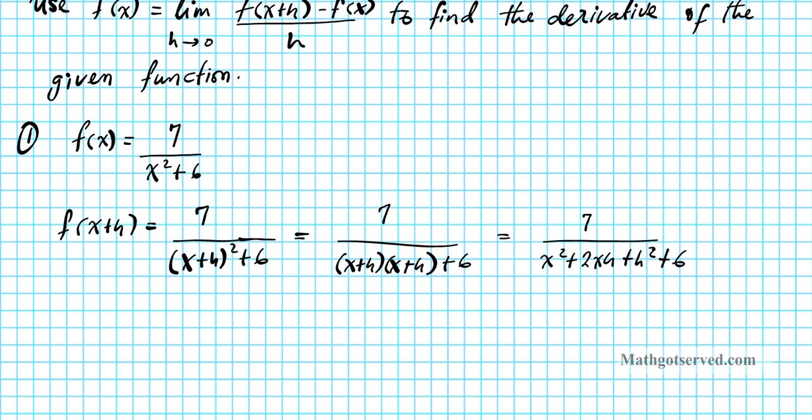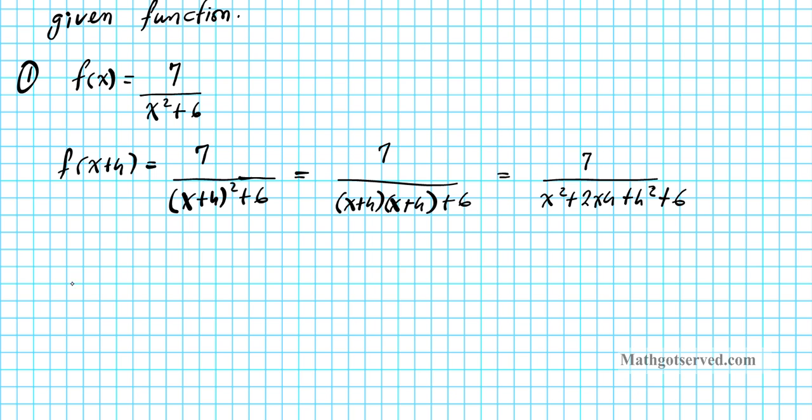Okay? Now we have f of x and f of x plus h. These two terms determine the numerator of this symmetric difference quotient right here. So let's pull everything together. The derivative f prime of x is going to be the limit as h approaches 0 of f of x plus h, which is 7 over x squared plus 2xh plus h squared plus 6.